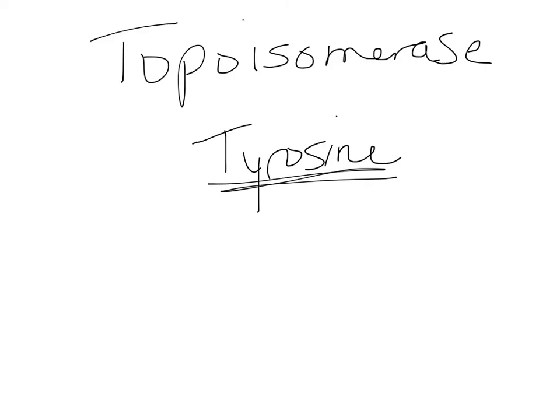The tyrosine is also larger, and if you've forgotten what it looks like, you can look it up. But a main part of that tyrosine is a hydroxyl group. This hydroxyl group is very important for how topoisomerase works. The topoisomerase consists of a tyrosine, and part of that tyrosine is the hydroxyl group.